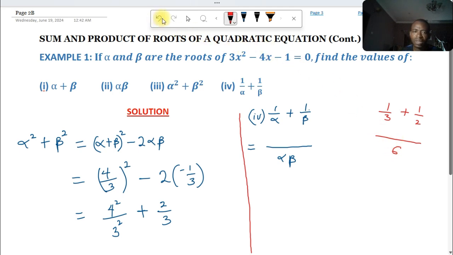In other words, it is 3 multiplied by 2 that we are using, and this gives us 6. How did we get that 6? Through the multiplication of these denominators. So the same thing applies to this as well.